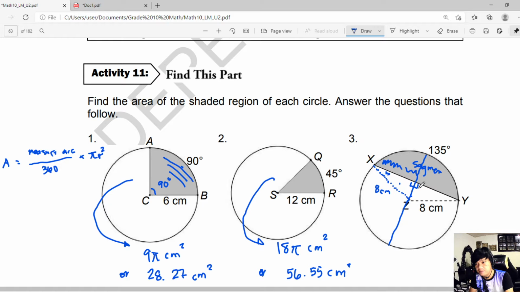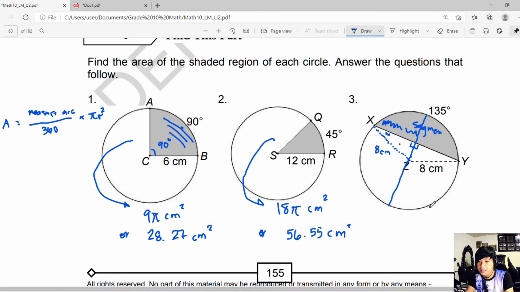So the measure of this one, it will form a 90-degree angle. This one is 90 degrees. So yan na. So meron na tayong measure ng angle na to, which is 90 degrees.